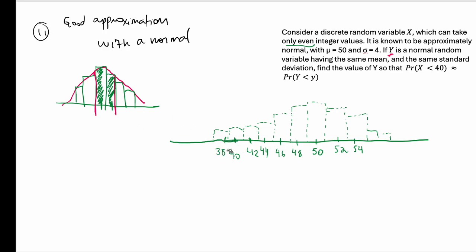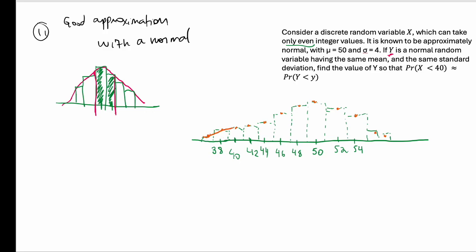All right. So this is my x. This is discrete, okay? My x can only take these values. It cannot take the middle of the intervals, okay? It cannot. All right. But there is a normal that fits this curve, that has the trend of this curve.